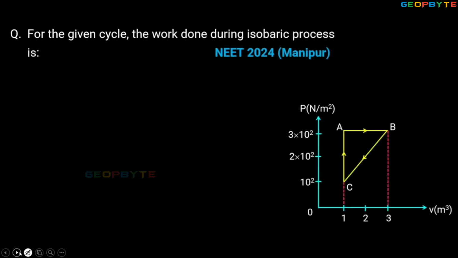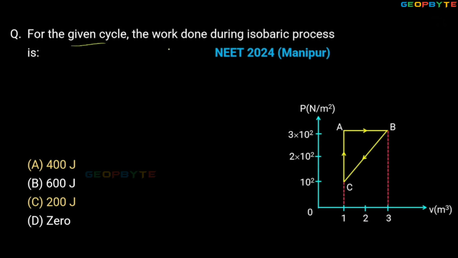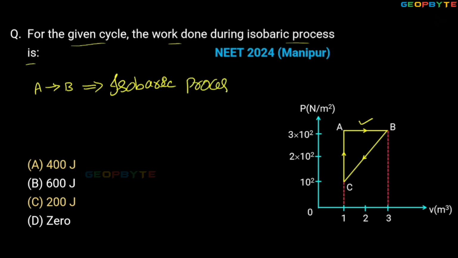Look at this problem asking like this. For the given cycle, the work done during the isobaric process. Look at the isobaric process. AB is the path representing the isobaric process. Isobaric process means constant pressure process. You are asked to decide work done for the process AB, equal to PdV.